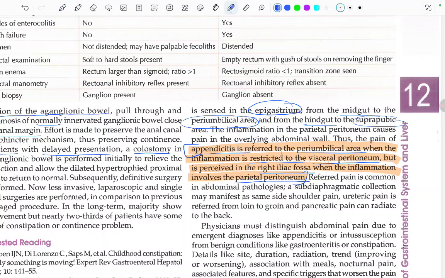If there is a subdiaphragmatic collection, then that may manifest as shoulder pain of the same side. Ureteric pain may refer from the loin to groin, and pancreatic pain, we all know that it radiates to the back.